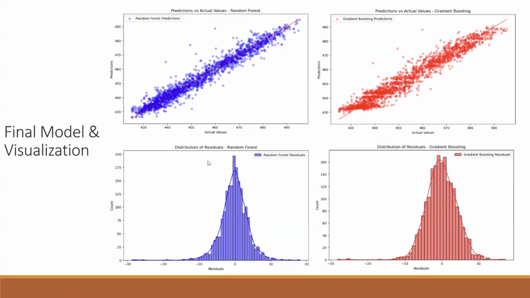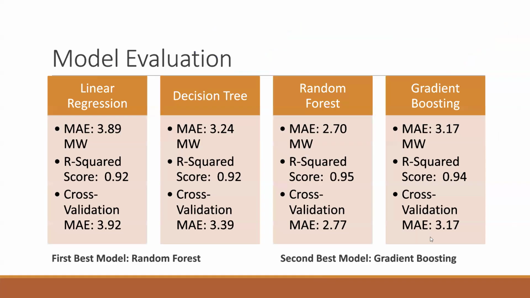And even the distribution of the residual goes well in hand. Speaking the same about the gradient boosting model, it goes well too, but there are comparatively slight changes, but it's almost the same. And the same thing with the distribution of the residual too. So it neatly fits in.